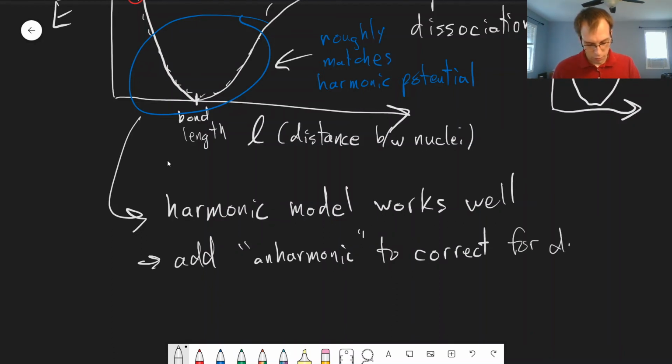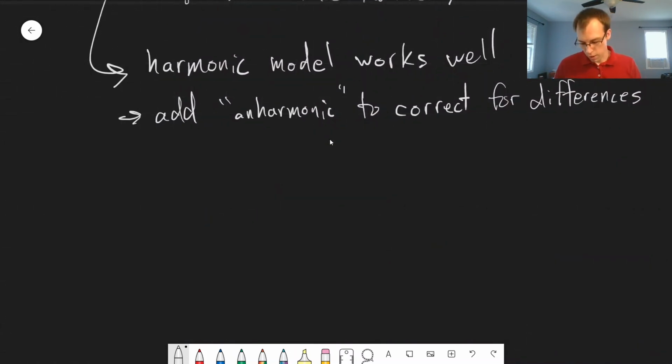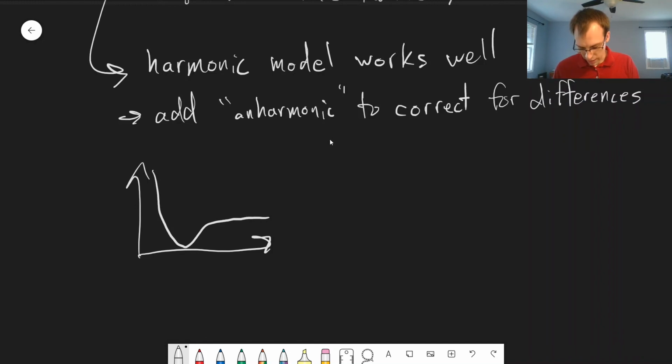If we want to be more accurate, we add those anharmonic terms. Situations where the harmonic model isn't going to work very well are, for example, if you have a very shallow potential energy curve, which I haven't drawn particularly well, but there's less space here where it matches well. That's a case where you get things that don't match well.